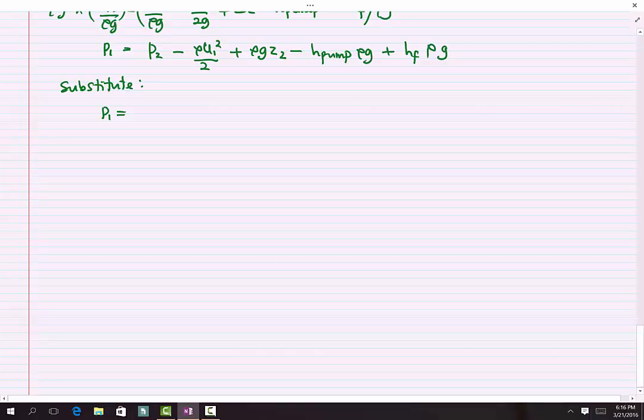So we say that P2 is equivalent to PATM, which is 101.32 times 10 to the power of 3 Pascal. You don't have to worry about the Pascal unit, which is equivalent to Newton per meter square.